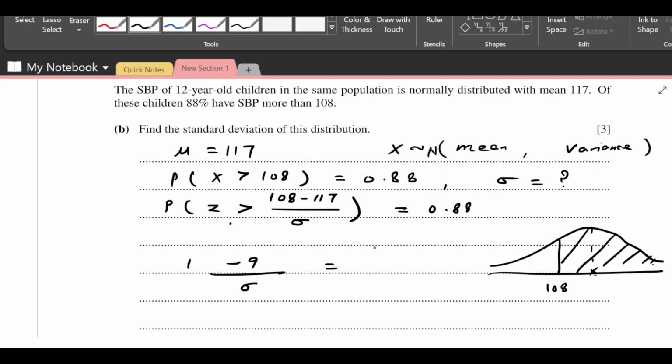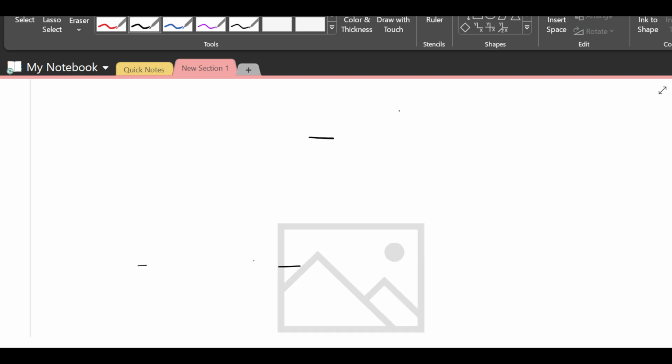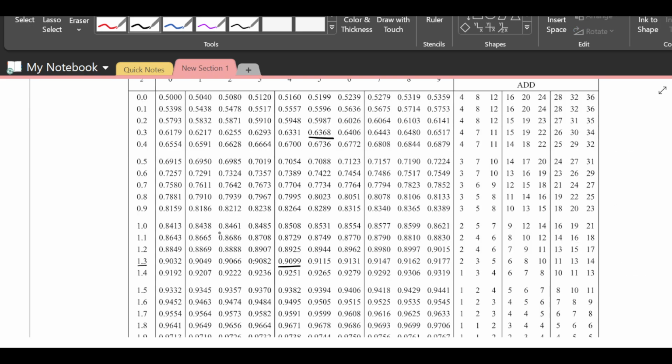So minus 9 divided by sigma is equal to the z value. Whatever z I get for 0.88, I will take the negative sign for that.